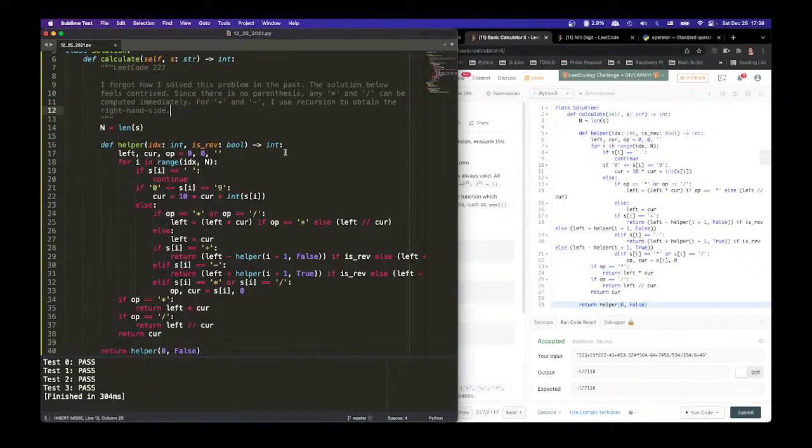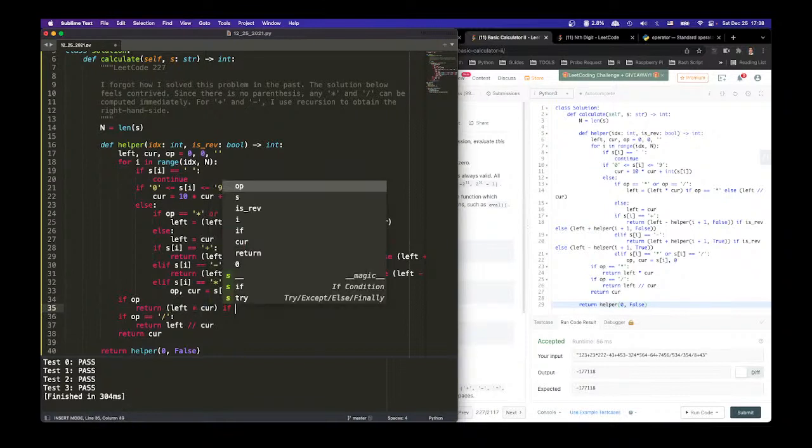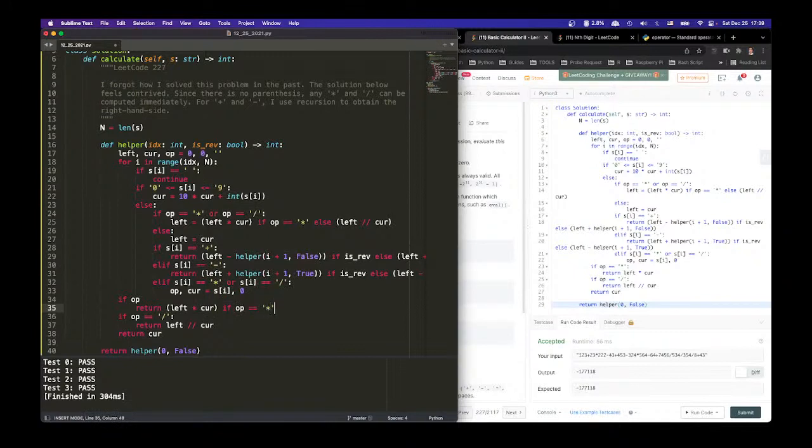I can just say if OP, then I return this. If OP is equal to this, else left current, right? Not OP, then we return this. Yeah, it still passes. Return current. For plus or minus, I use recursion to obtain the right-hand side.